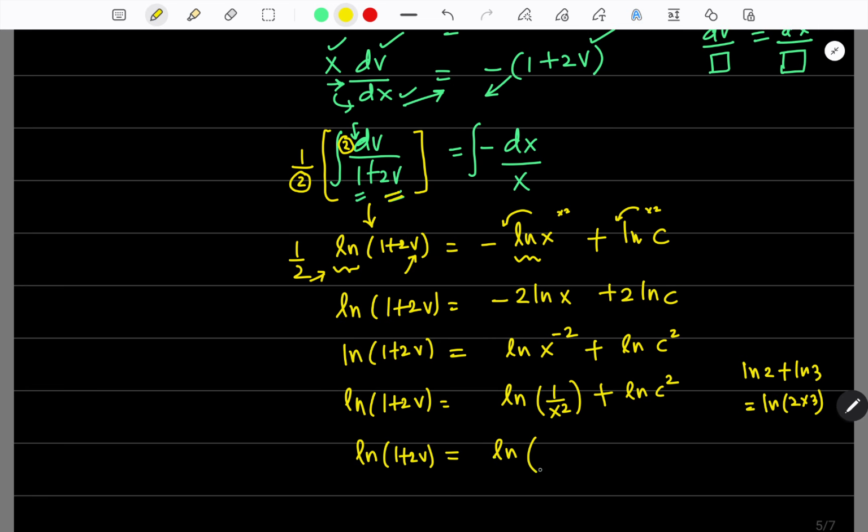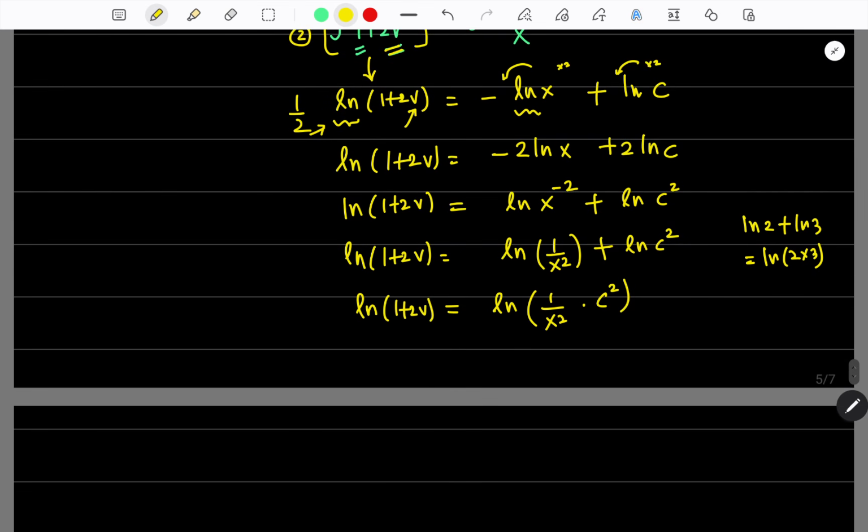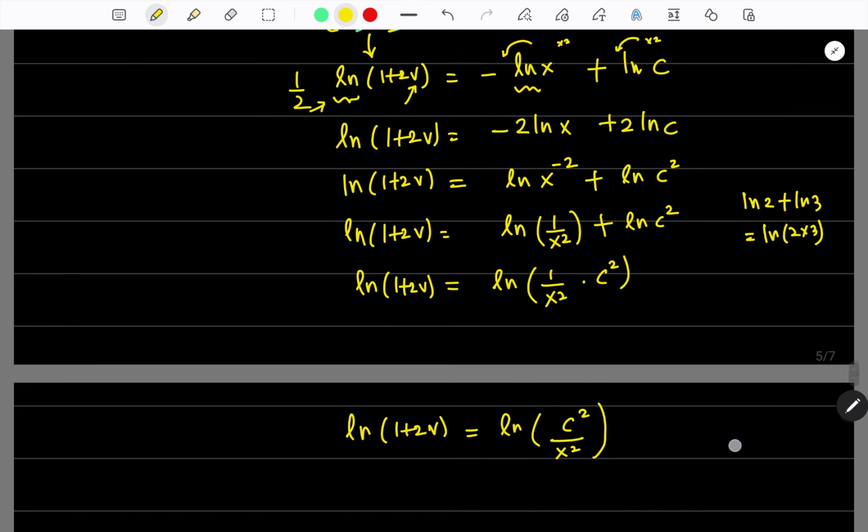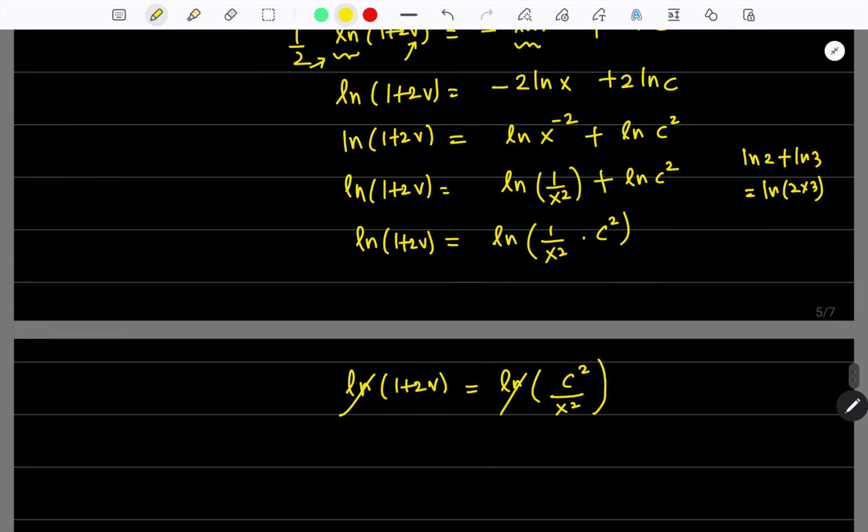In the same manner, I can write ln of 1 by x square multiplied by c square. So ln of 1 plus 2v is equal to ln of c square divided by x square. Teacher, can I write c square as c? Later, no problem. So this ln gets cancelled. So what happens now? 1 plus 2v is equal to c square divided by x square.